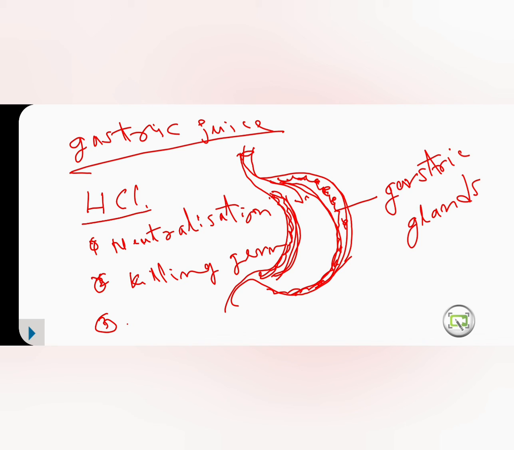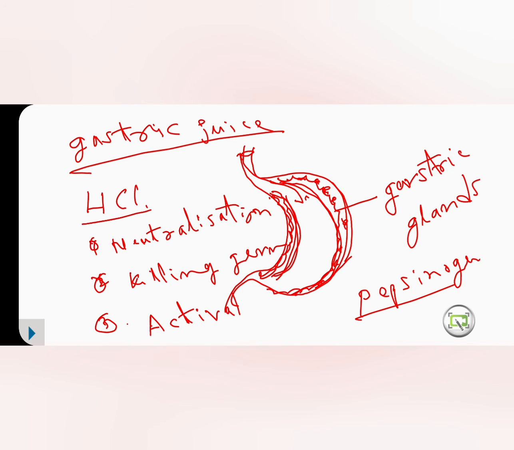in this gastric juice there is an enzyme, that is pepsinogen, which is inactive. Pepsinogen is the enzyme present in gastric juice. This pepsinogen is inactive. So this inactive pepsinogen is activated by HCl.